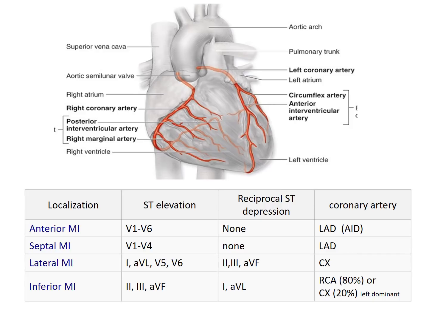A lateral MI is around the lateral surface of the left ventricle, and an inferior MI is particularly on the right ventricular side of the heart.